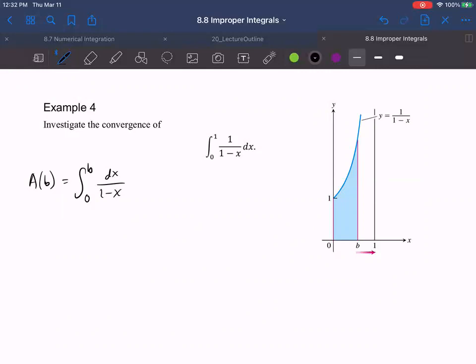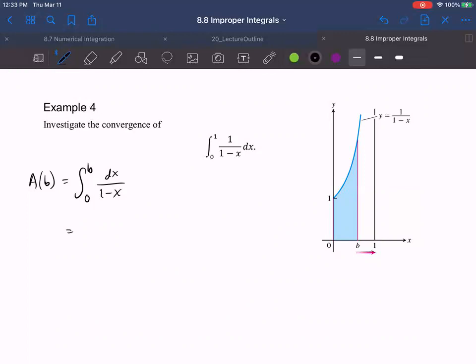And so what's my integral of 1 over 1 minus x? Try again. If it was 1 over x minus 1, then it would just be ln of x minus 1. Negative. There we go.